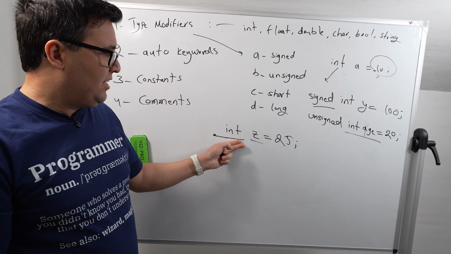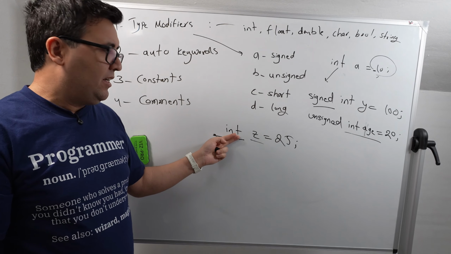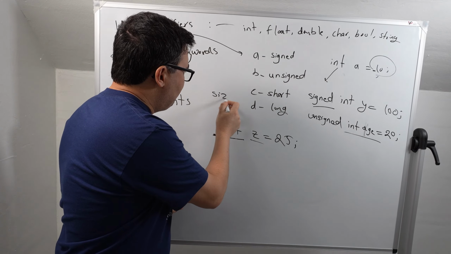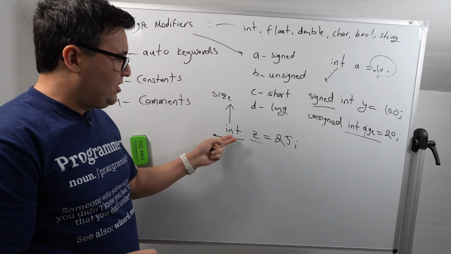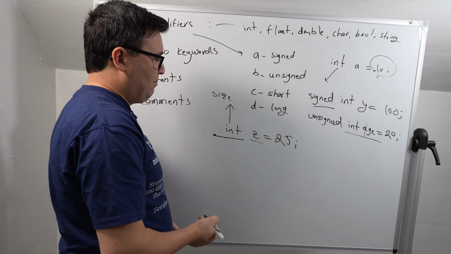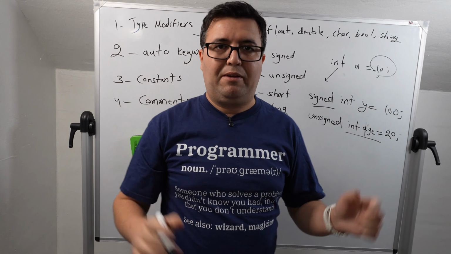It means this variable can store whole numbers, integer numbers, and the data type also says the size of the memory this variable takes. So it is 4 bytes. In C++, when you define an integer variable, it allocates 4 bytes of memory for that variable.